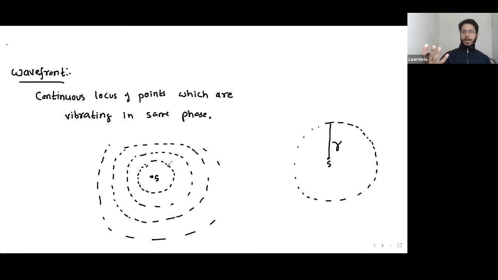So the points which are vibrating outwards are in the same phase, and the points which are vibrating inwards are in a different phase. So when I say choose points in the same phase, that means I am choosing either the points which are coming outwards or the points which are going inwards. So this combination is known as a wavefront.